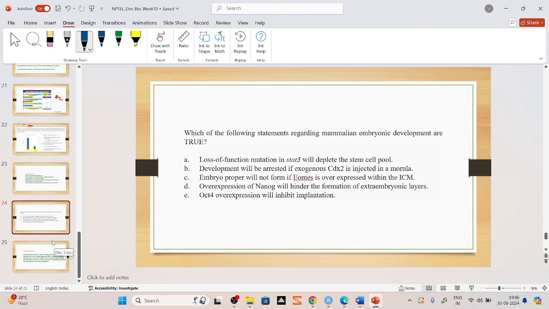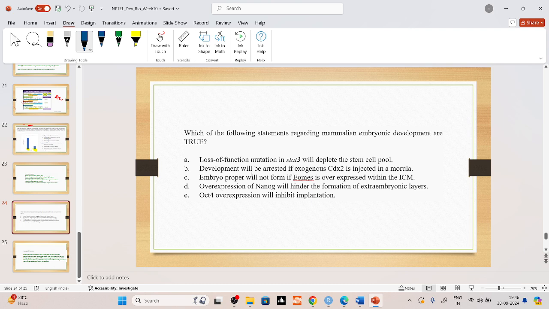Anyways, the last question is, which of the following statements regarding mammalian embryonic development are true? A. Loss of function mutation in STAT3 will deplete the stem cell pool. B. Development will be arrested if exogenous CDX2 is injected into a morula.